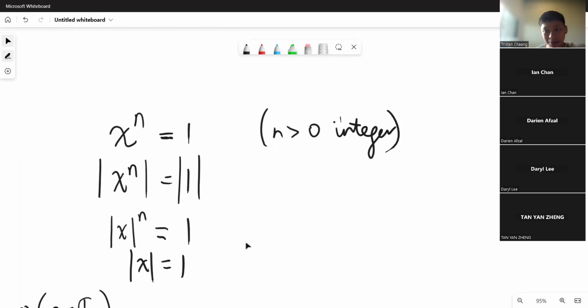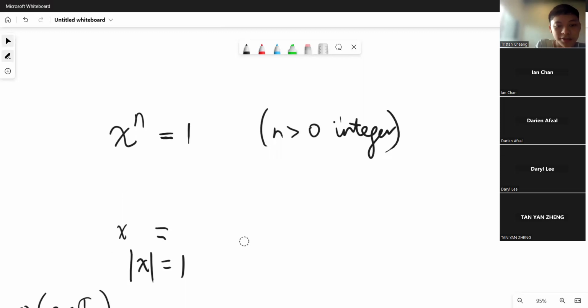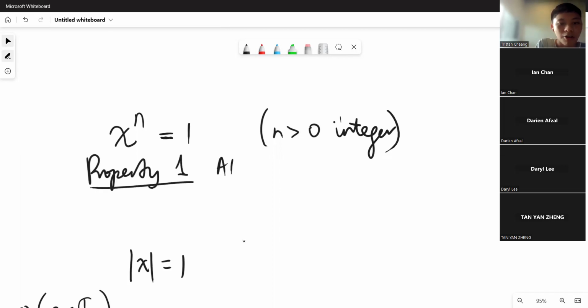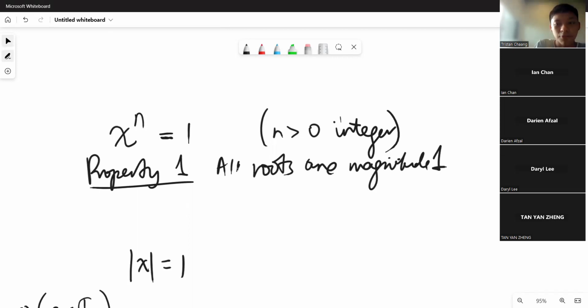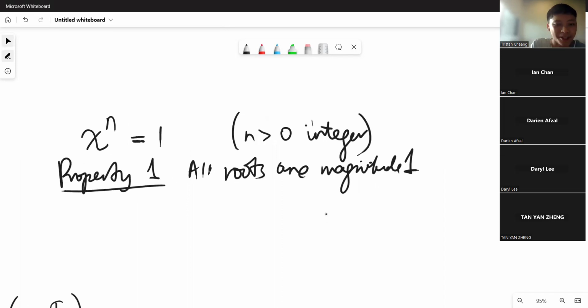It's always either 0 or positive. So that's the first thing we can see. So property 1: all roots have magnitude 1.